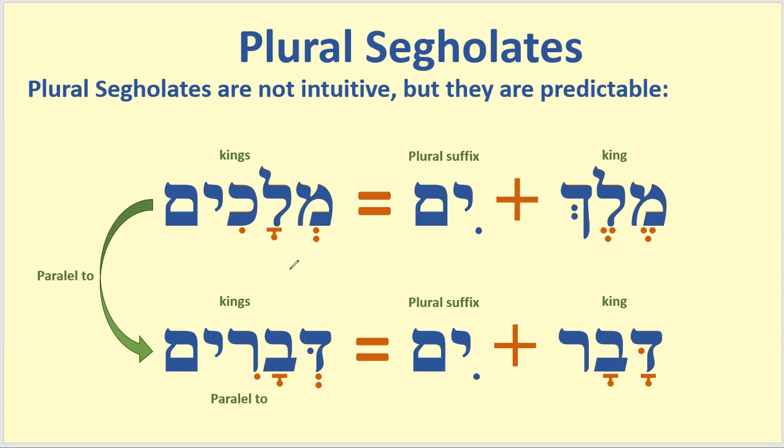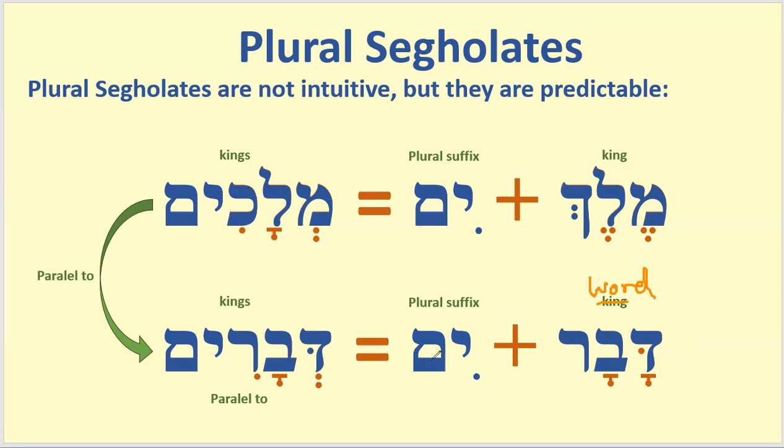Well, the best answer that we have is probably because the segolate plural forms are paralleling another kind of plural in Hebrew, that of nouns like davar. It's not a king, it's a word. Davar is a word.